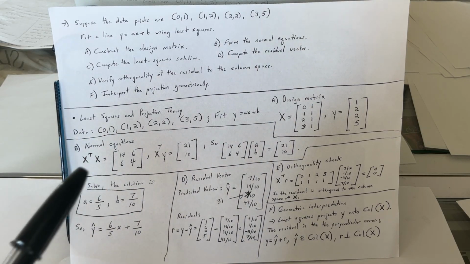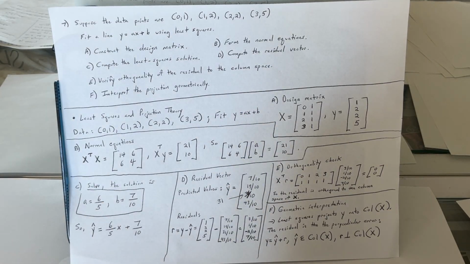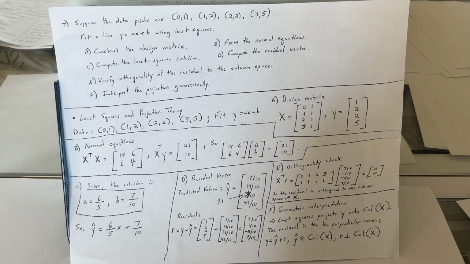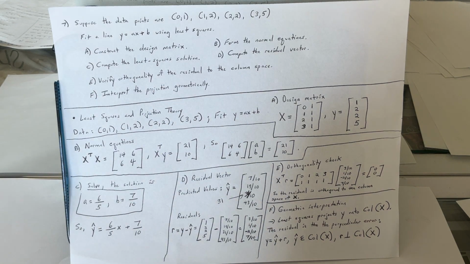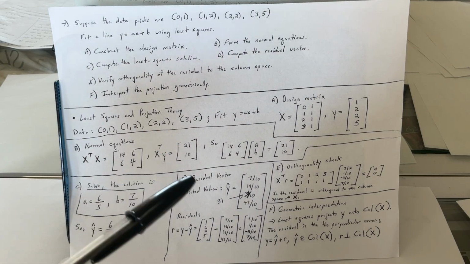Here's what we were given. The design matrix is X equals column 1: 0, 1, 2, 3, column 2: 1, 1, 1, 1. And for our y, that's just the column 1, 2, 2, 5. The normal equations: X transpose X equals [[14,6],[6,4]], X transpose y is the column 21, 10.